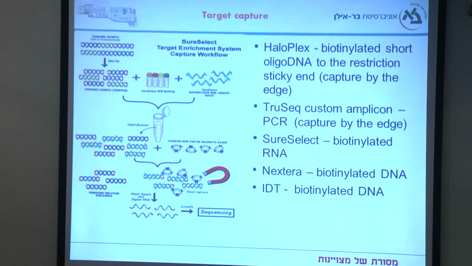This will make a huge difference, because let's focus on the last 2 or 3 options. If you capture the sequence you're interested in from within, and then remember your sequencing is coming from the edges, this means that you don't actually need to know the full integrity of this piece of DNA.